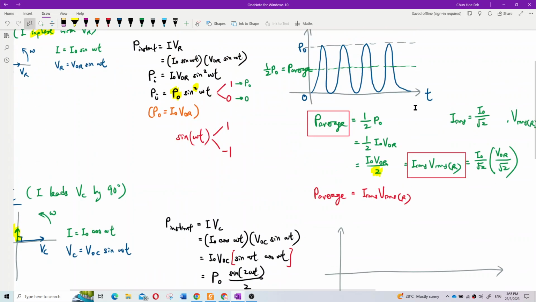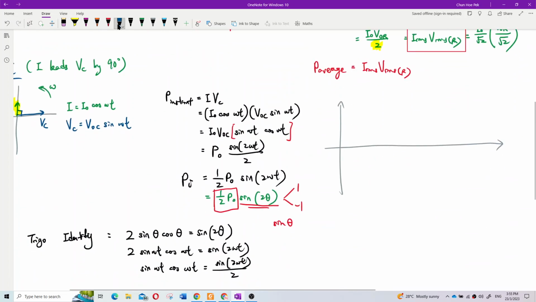What do I want to do? I want to draw the graph for instantaneous power. So the maximum is half P naught. Agree? Half P naught, and then 0, and then negative half P naught. Because when sine 2 theta equals 1, it is half P naught.